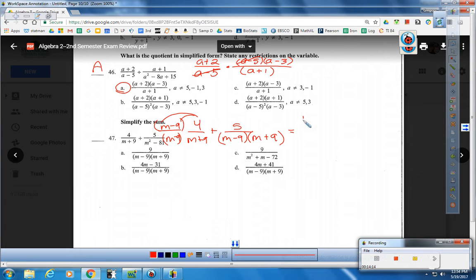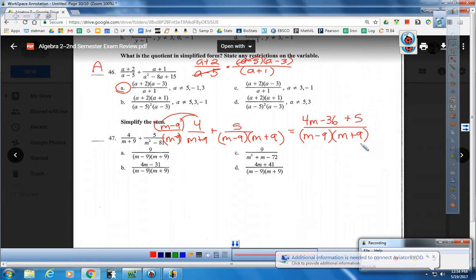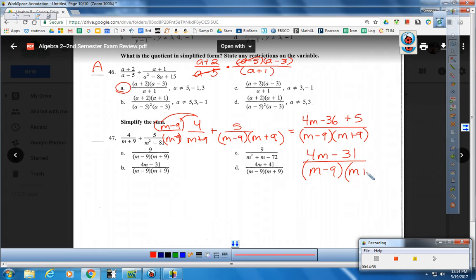This is 4m minus 36 plus 5 over m minus 9, m plus 9. So now I just have to simplify that. So that's 4m minus 31 over m minus 9, m plus 9. So that appears to be letter B.